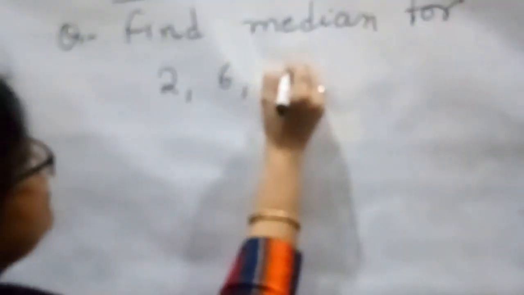For example, I have a question: find the median for 2, 6, 7, 4, 9. Now first step, write in ascending order. What is ascending order?